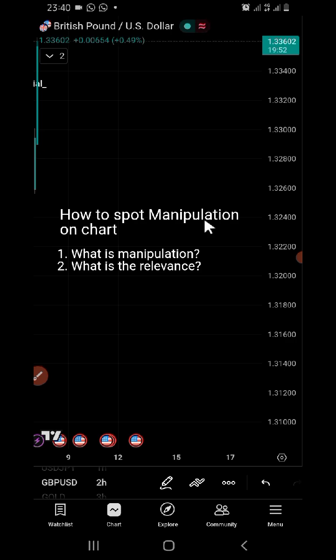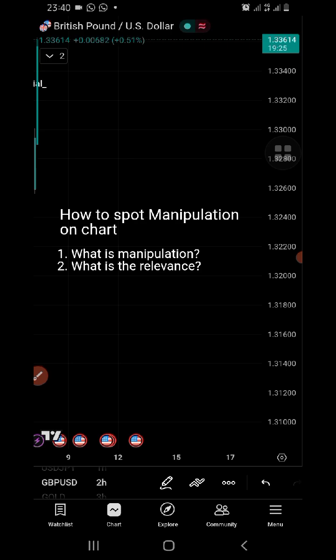When you hear the word manipulation, what should come to your mind is the market taking out some people. The professional word is stops. Of course, everyone in the market makes use of stop loss, right? To prevent so much loss, and that marks the end of a trade or an order. Either you hit TP or you hit stop loss.